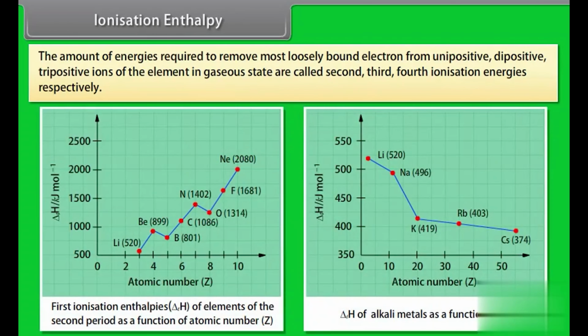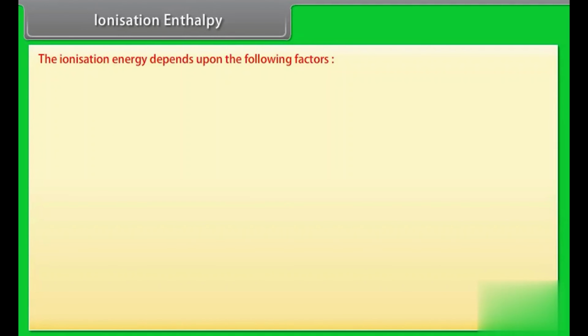The amount of energy required to remove most loosely bound electrons from unipositive, dipositive, tripositive ions of the element in gaseous state are called second, third, fourth ionization energies respectively. It may be noted that ionization energy 3 is greater than ionization energy 2, which is greater than ionization energy 1. The ionization energy depends upon the following factors.